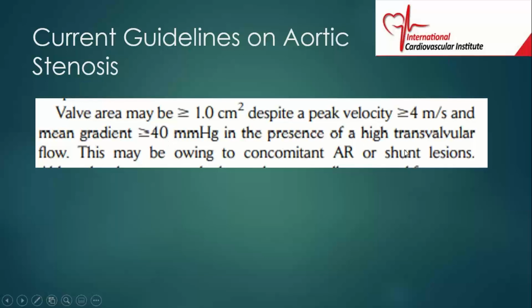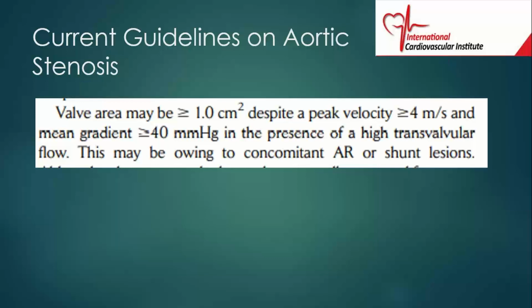If the patient has an arteriovenous shunt, you can get increased blood flow across the valve. One of the common shunts that patients will have is a hemodialysis graft. So if the patient has a hemodialysis graft, you have to be aware of that.